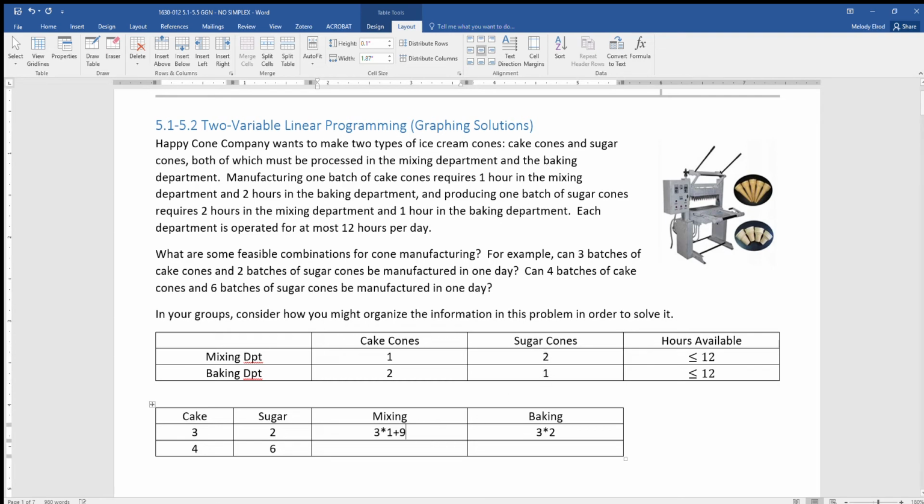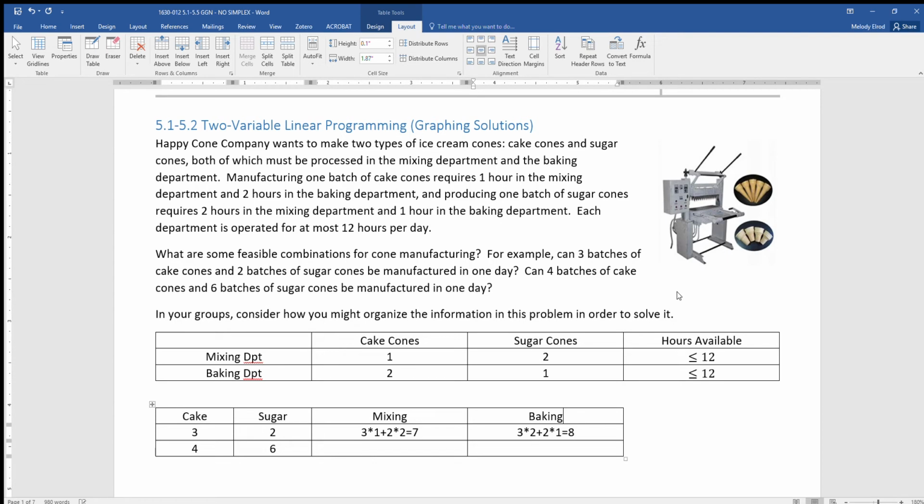So we have to add 2 times 2 and 2 times 1 in the baking. So that means we've got 4, 5, 6, 7 hours in the mixing department and 6, 7, 8 hours in the baking department. So far, this works, right?